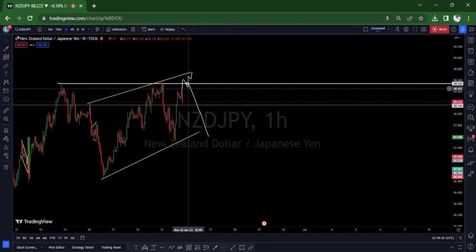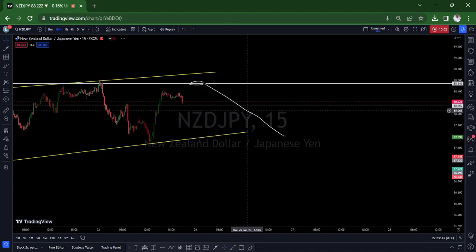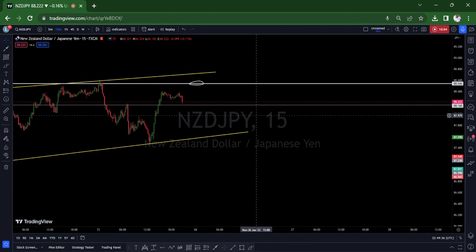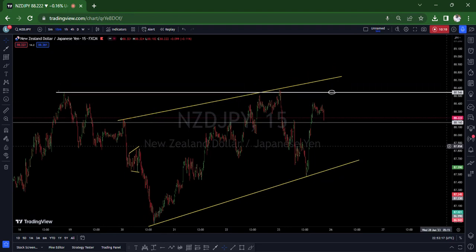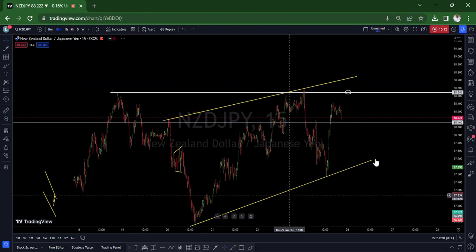What would be my ideal entry if I want to take this trade? Let's go to the 15 minutes for us. So yeah, this is the 15 minutes time frame.